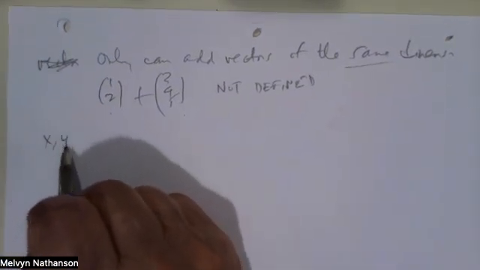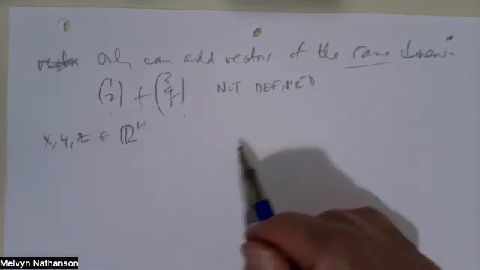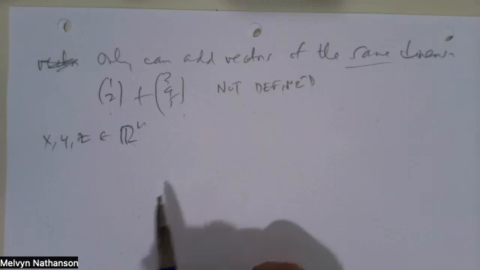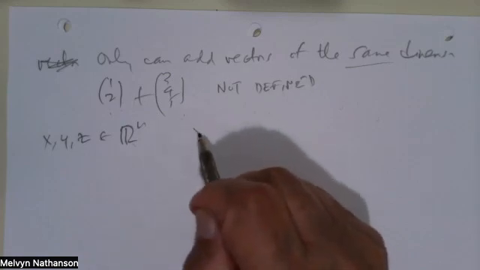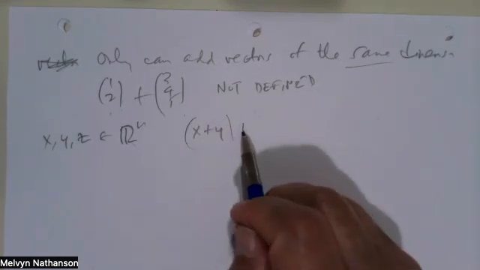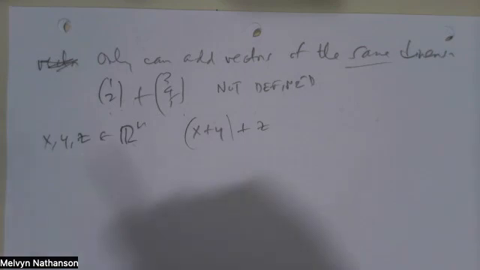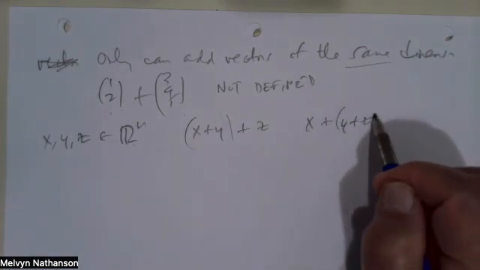But if you have vectors x, y, and z, let's say they're all n-dimensional vectors, vector addition is a binary operation. You add two at a time. You have x plus y, that's a vector, and then you can add z to that. Or you could take x and add it to y plus z.